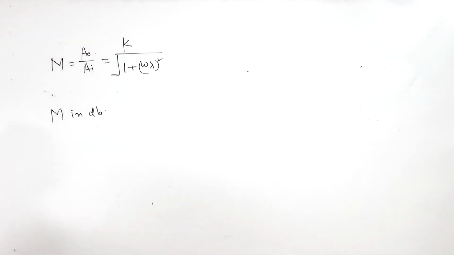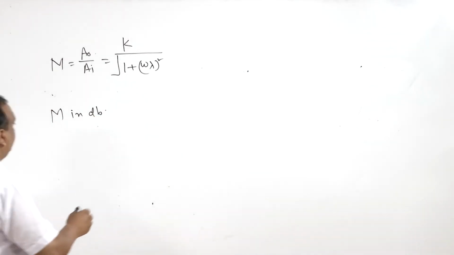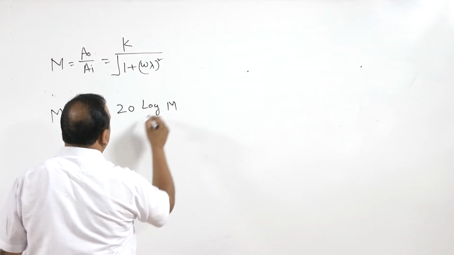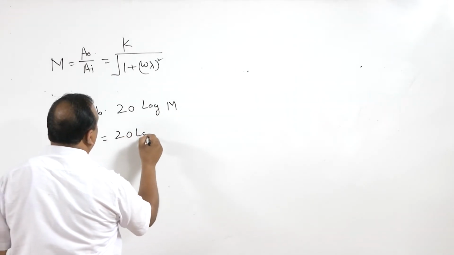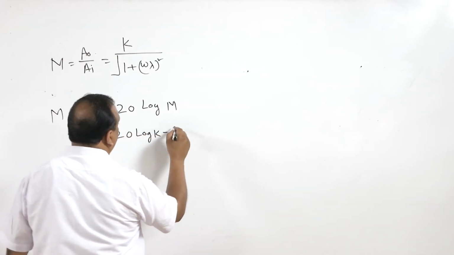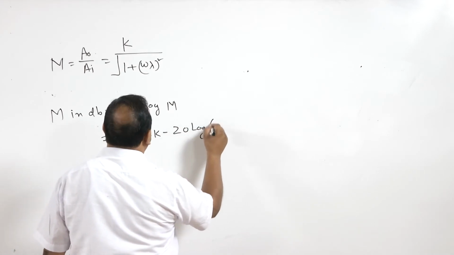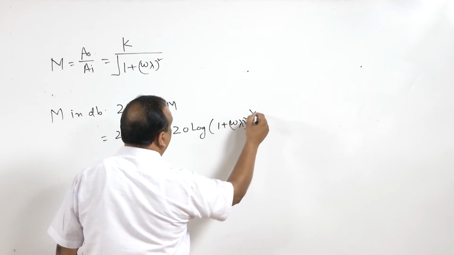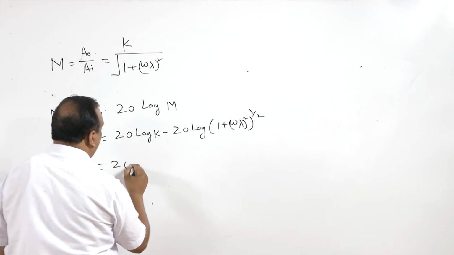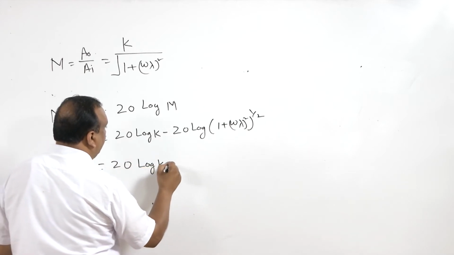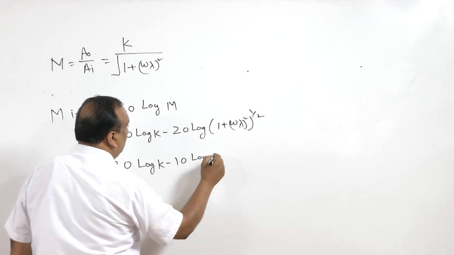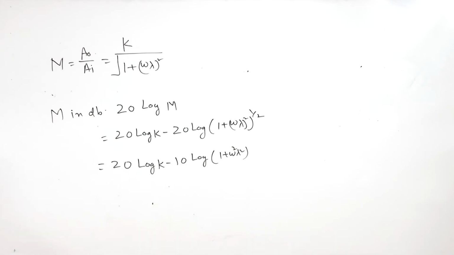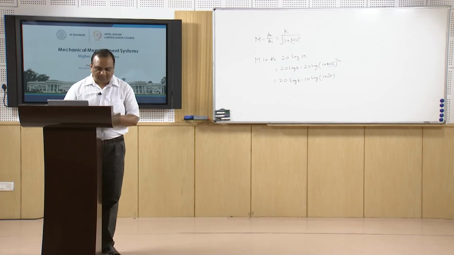Now, if I want to have m in decibel, then I should have 20 log m, and that is equal to 20 log k minus 20 log of 1 plus omega lambda square raised to power 1 by 2, which is equal to 20 log k minus 10 log 1 plus omega square lambda square. This is the value of m in decibel.